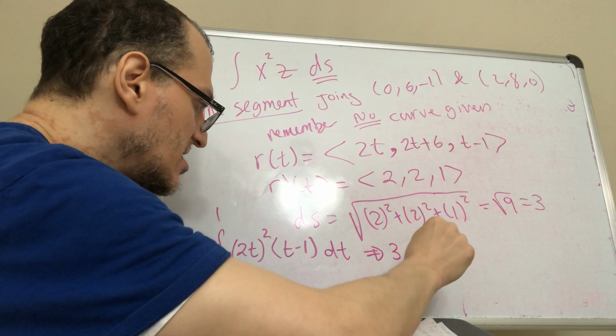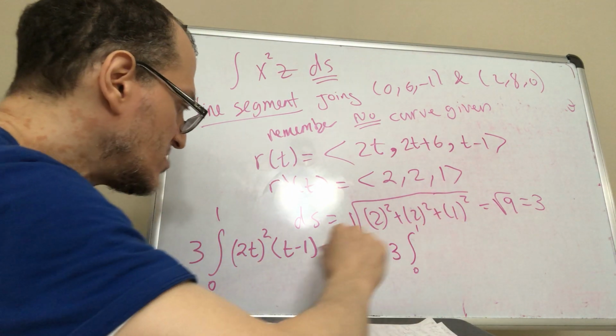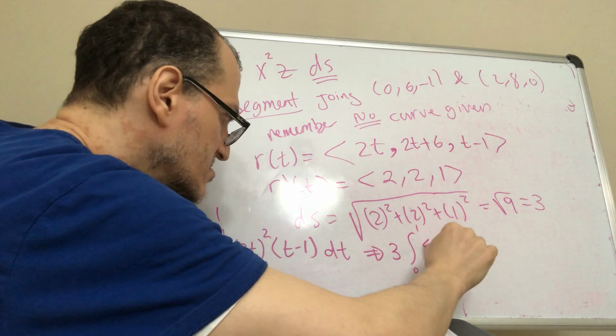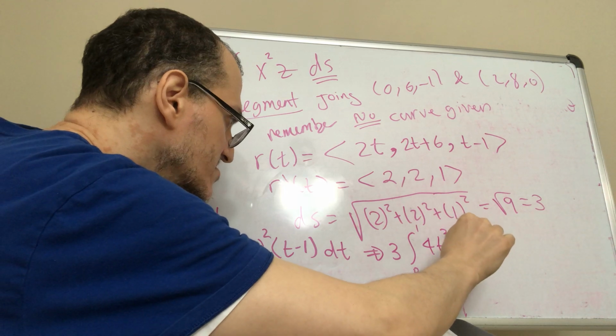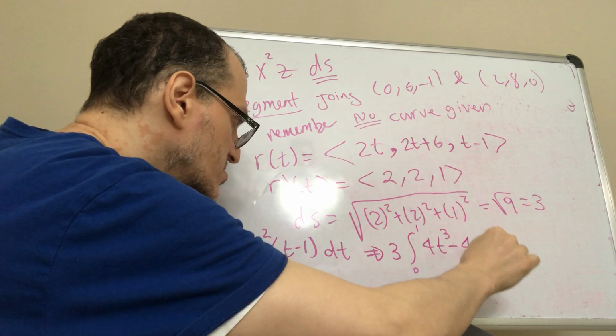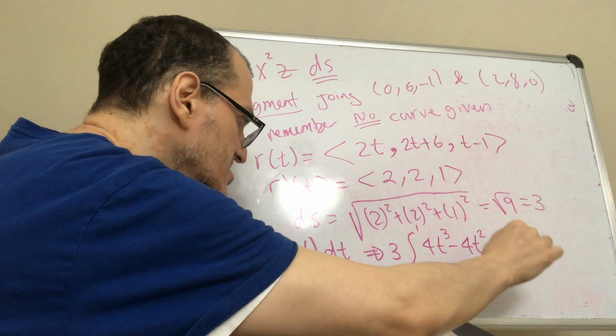So 3 outside, integration from 0 to 1, 4t squared times t, so 4t cubed, and 4t squared minus 4t squared dt.